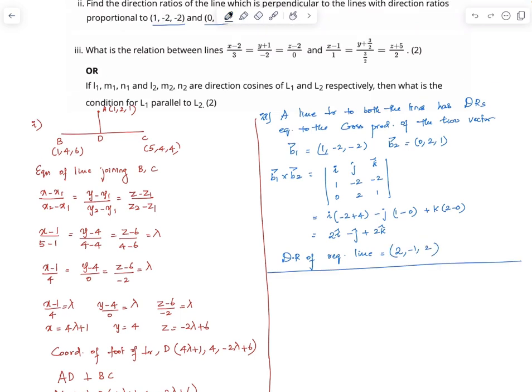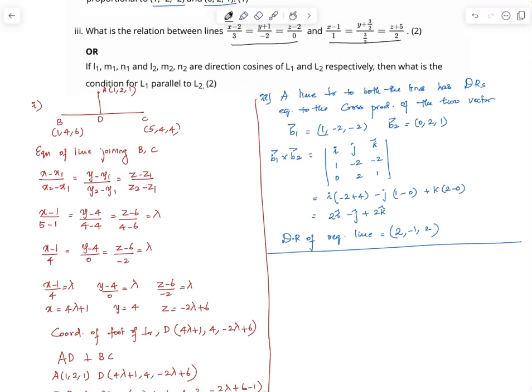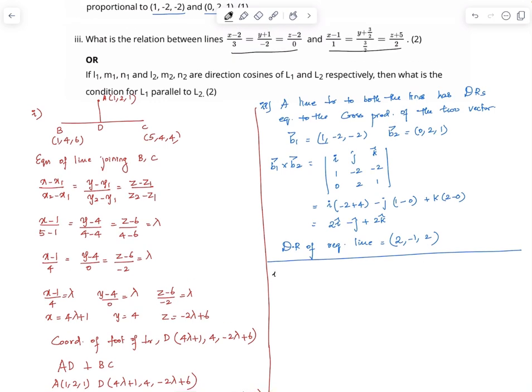Question number 3. What is the relationship between the lines? The lines are given in Cartesian form. Let's take down the lines. L1 is x minus 2 upon 3, which is equal to y plus 1 upon minus 2, which is equal to z minus 2 upon 0.